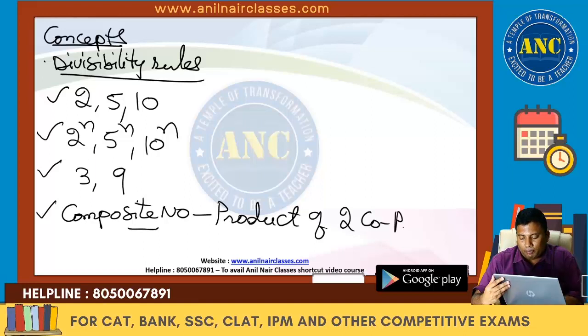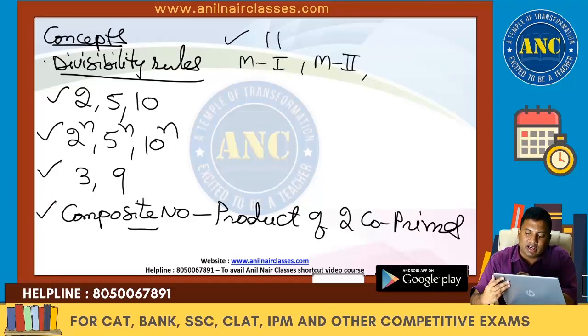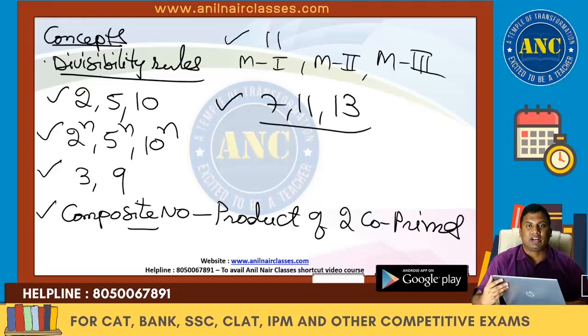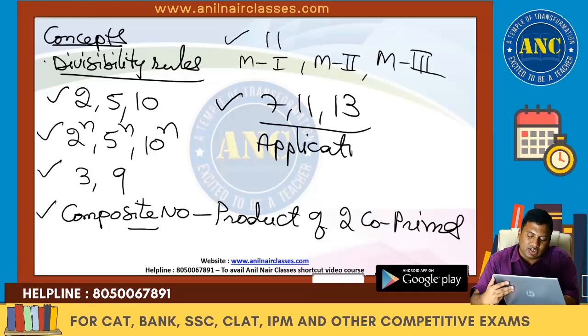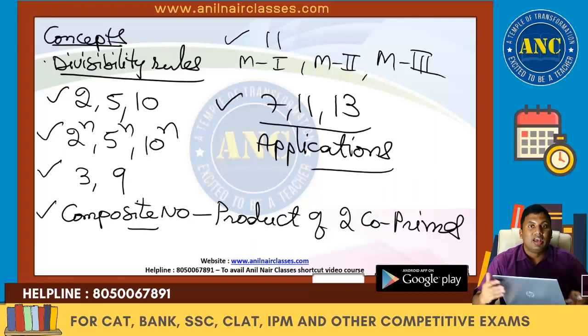Then the divisibility rule for 11: method 1, method 2, method 3, then we took an example. Then the divisibility rule for 7, 11, 13 and its applications. These are the concepts which we discussed in divisibility rule session 1.